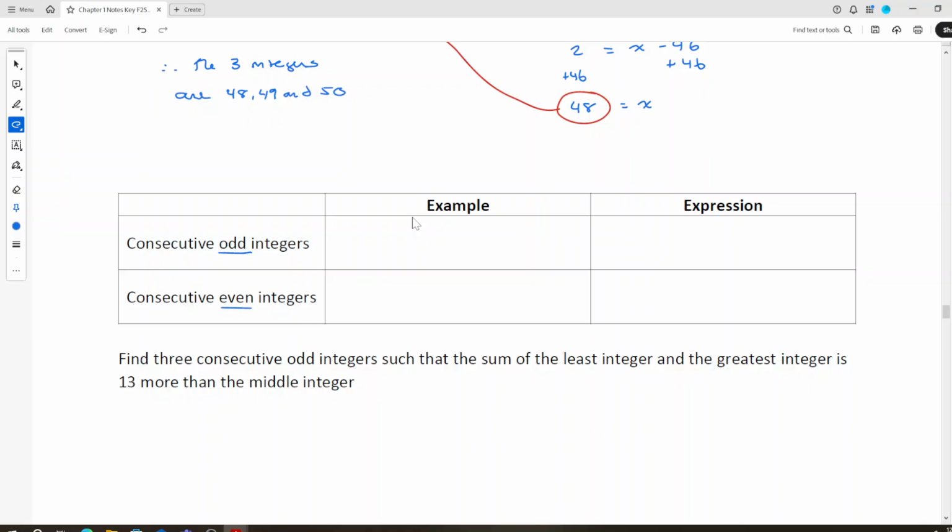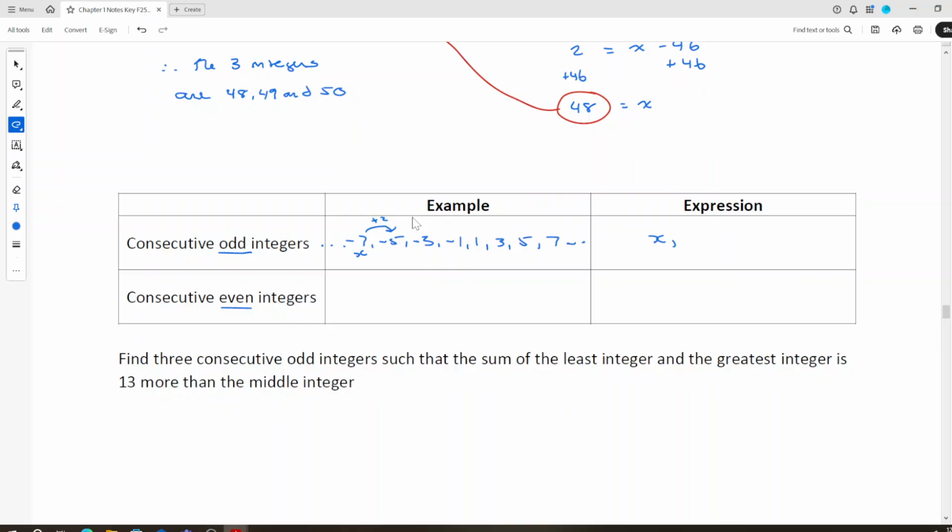So an example of odd integers would be like -7, -5, -3, -1, 1, 3, 5, 7. These are odd integers. Now, just like consecutive integers, you're going to let the first one be x. Now, if I let this one be x here, how do I go from -7 to -5?